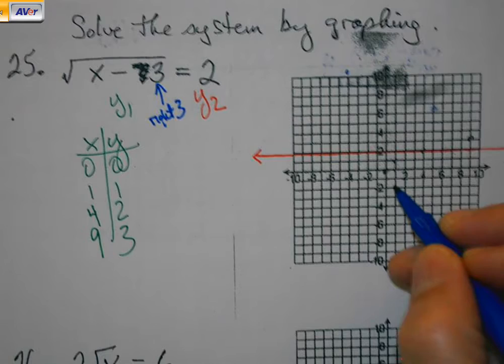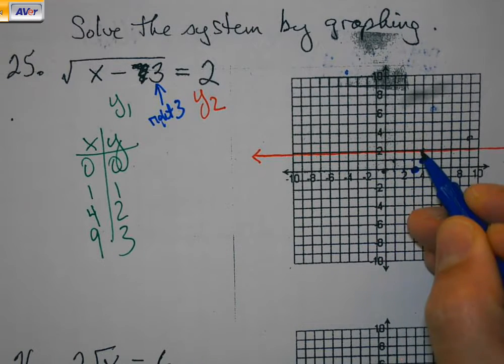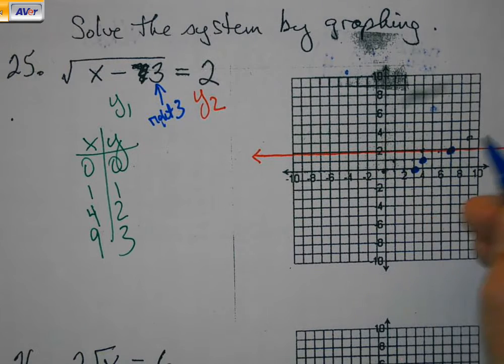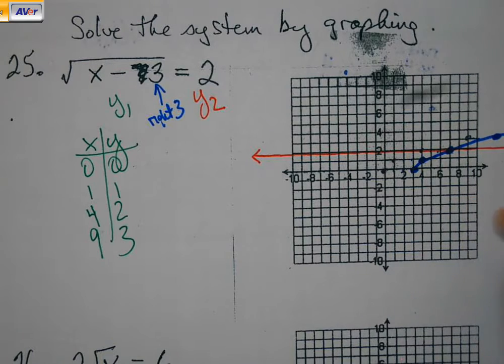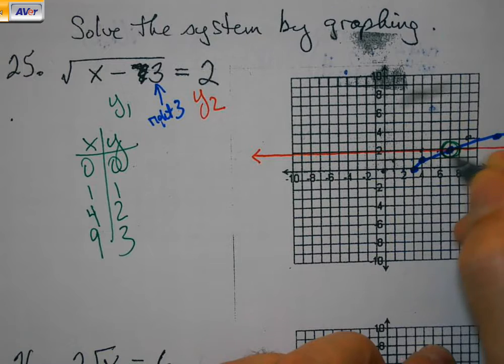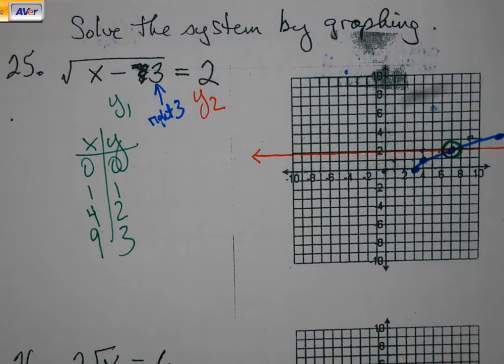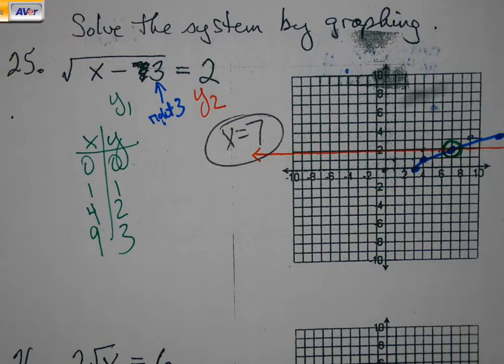So I would take those parent points, right 3, and connect the dots, and I would notice there's where they overlap. Okay? And where they overlap, the x value, there is the answer. Okay? So no calculator, that's how I would tackle this.